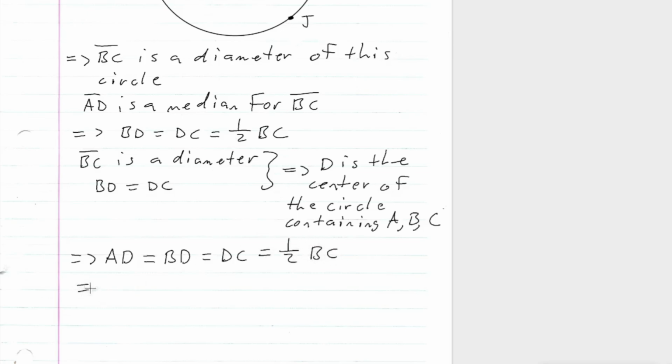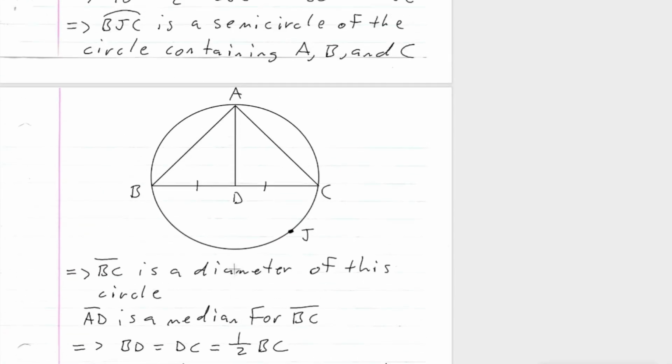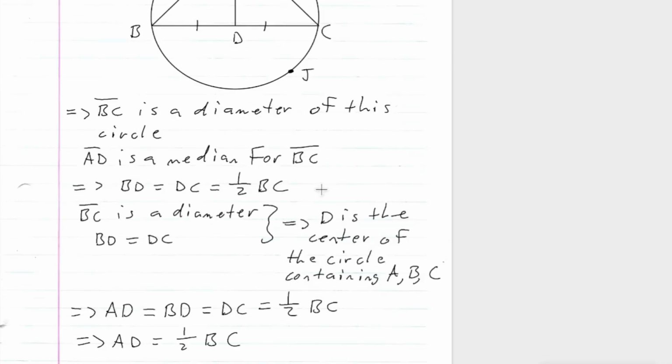So of course, this implies that AD is equal to half of BC, which is exactly what we wanted to show. We wanted to show that the median of segment BC is equal to half of BC.